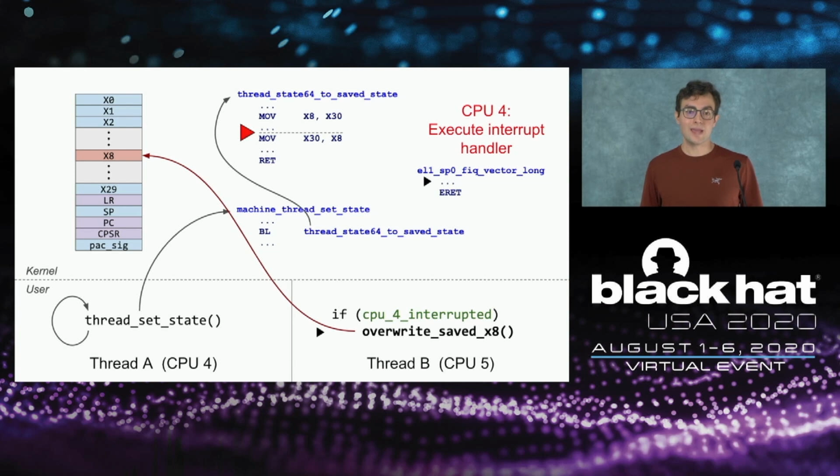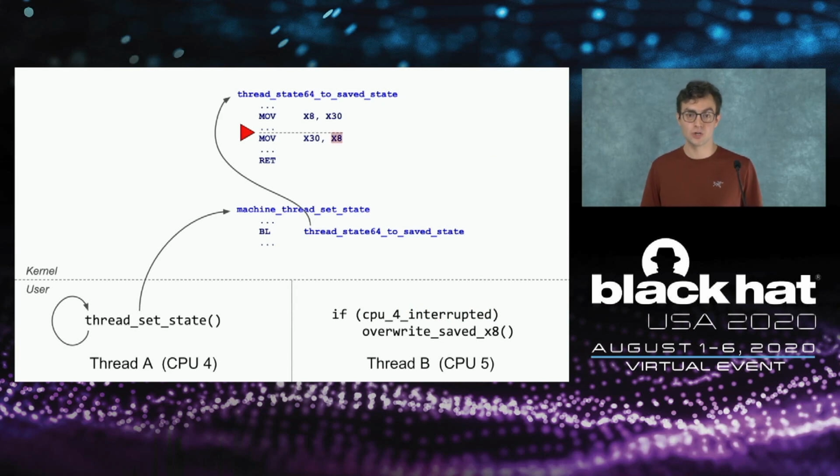At this point, we have control over the return address, and when the interrupt handler finishes running and is about to do an exception return, all of those registers are popped back out of the saved state blob and into the registers, giving us control over register X8 when normal execution resumes. This means that this move instruction will give us control over the return address register, and then this ret instruction is going to give us PC control.